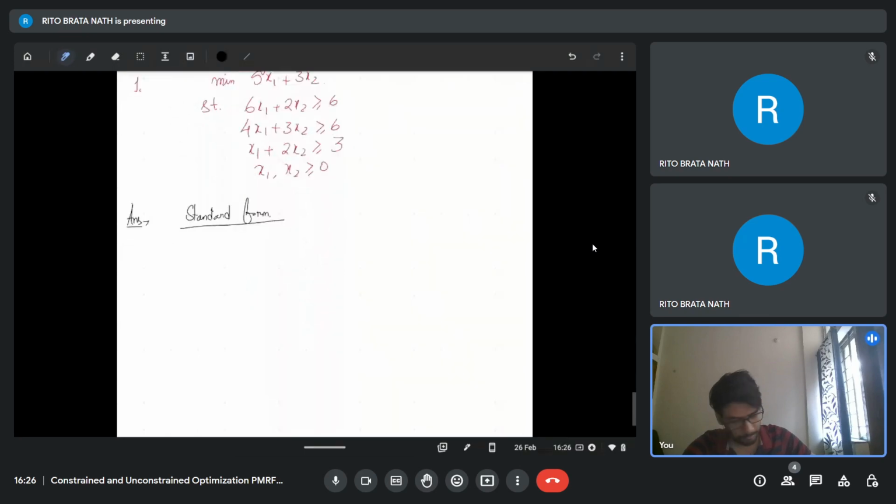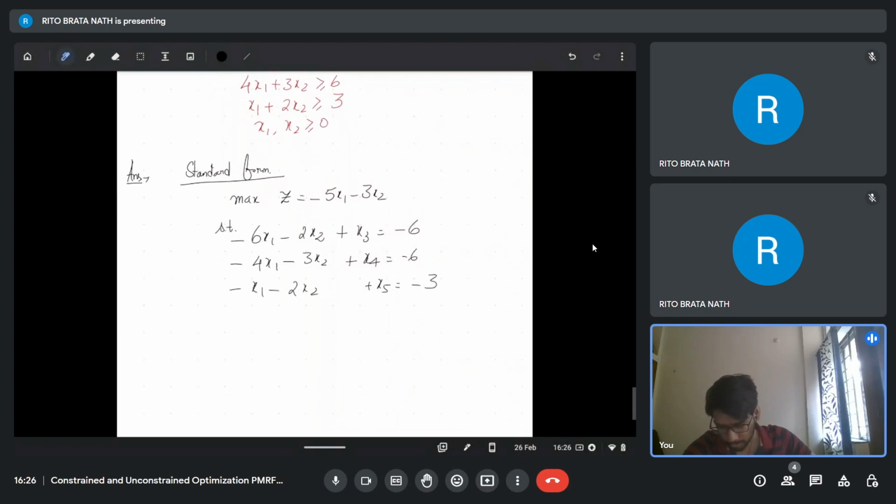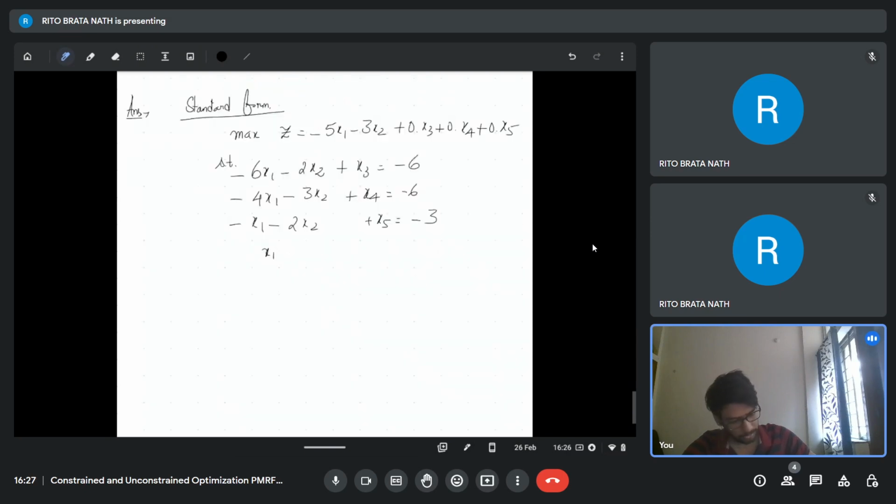So you can write max of z equals minus 5x1 minus 3x2 subject to minus 6x1 minus 2x2 plus x3 equals minus 6, then minus 4x1 minus 3x2 plus x4 equals minus 6, and minus x1 minus 2x2 plus x5 equals minus 3. The objective also has plus 0x3 plus 0x4 plus 0x5, and x1, x2 until x5 are all non-negative.